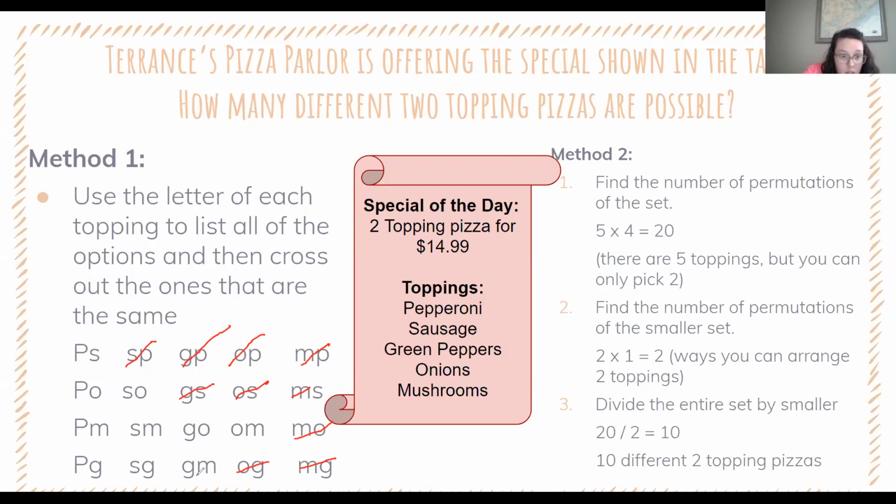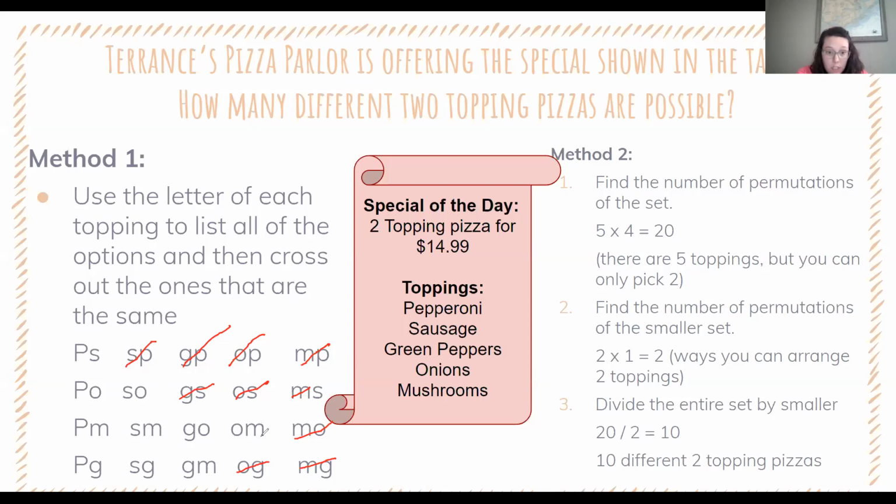Green pepper and mushroom. So I now have pepperoni and sausage listed once, onion and pepperoni listed once, mushroom and pepperoni listed once, pepperoni and green pepper listed once, sausage and onion, sausage and mushroom, sausage and green pepper, onion and green pepper, green pepper and mushroom, and then onion and mushroom.